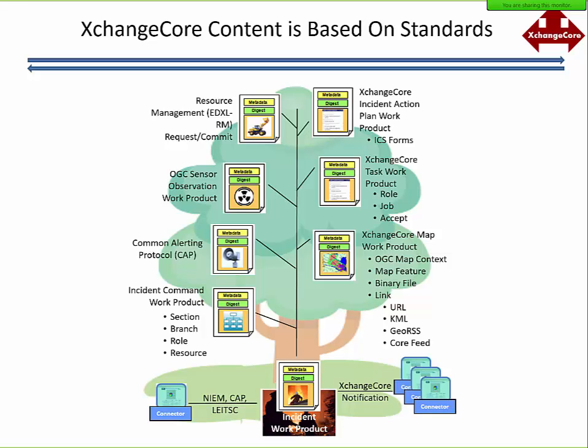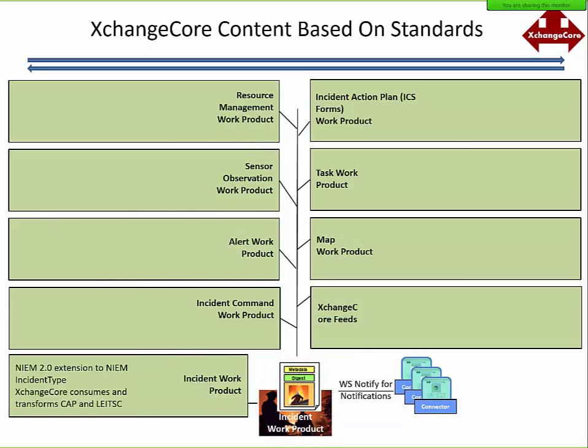With each one of these being represented by what we call a share product or a work product inside of XchangeCore that allows me to compose my content packages from each of these disparate pieces of information. And those standards are critical. So I want to take a minute to review them.